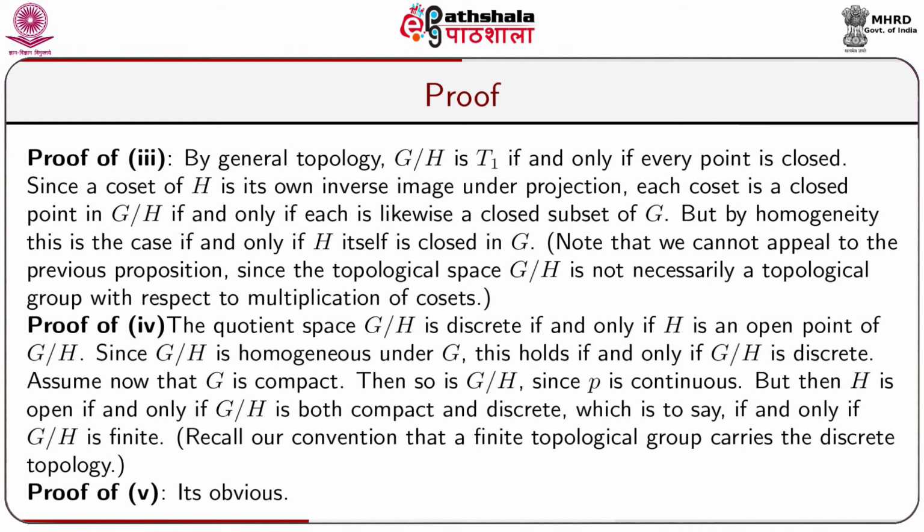Now, if we can show that the single point set H in G by H is closed, then we will be done, because if we can prove that singleton set H in G by H is closed, then every left coset will be closed, as left multiplication is a homeomorphism.